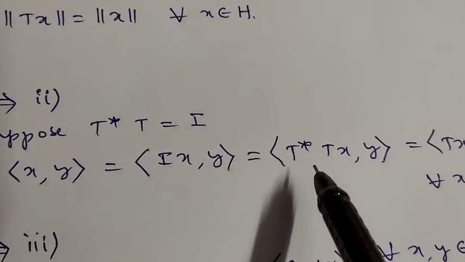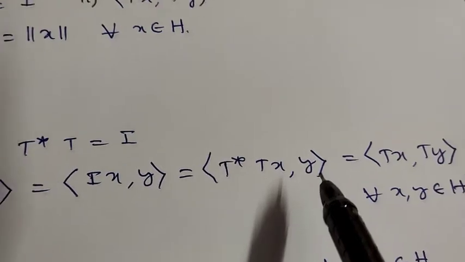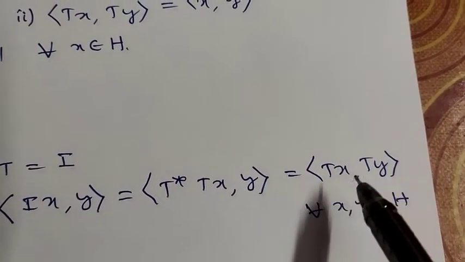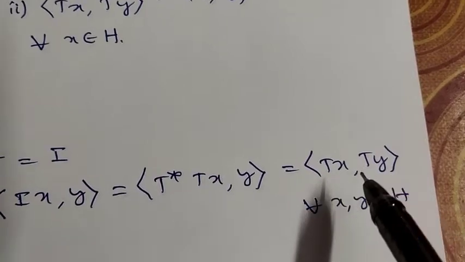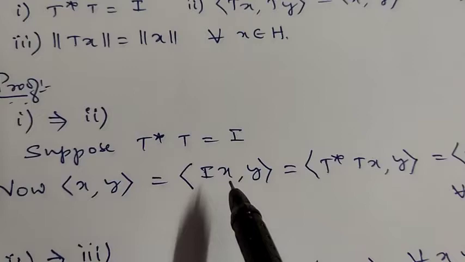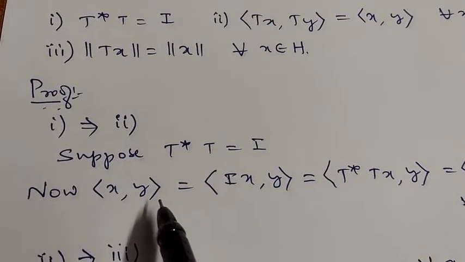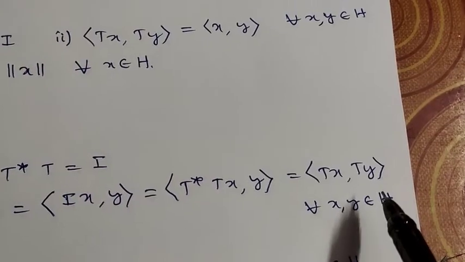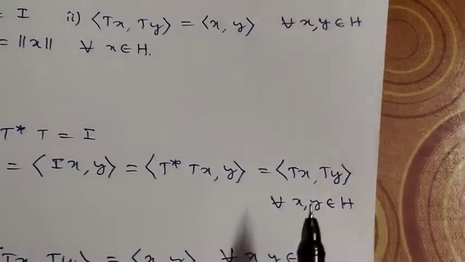I means T star into T, so T star T of x comma y. Now I'll transfer this T star to the right, so it will become T. So T of x comma T of y for every x, y belongs to H. Thus inner product of x comma y is inner product of T of x comma T of y, which is 2. So 1 implies 2.